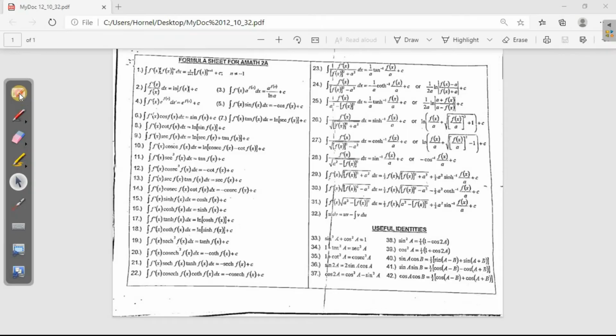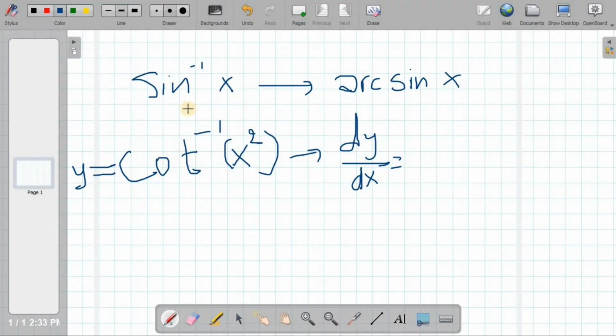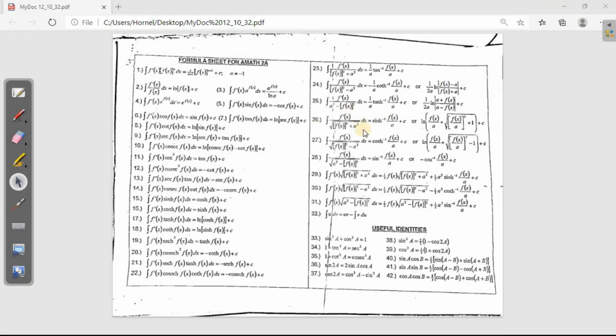So guys, you need to transform this form so that you can have that formula on the formula sheet, so that you can apply it. But we know we can change cot to tan, but how?